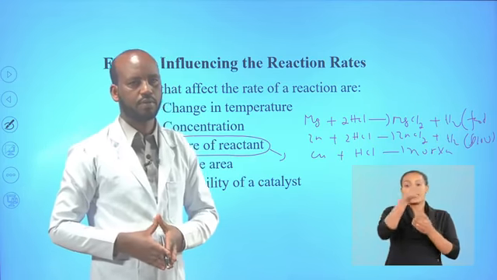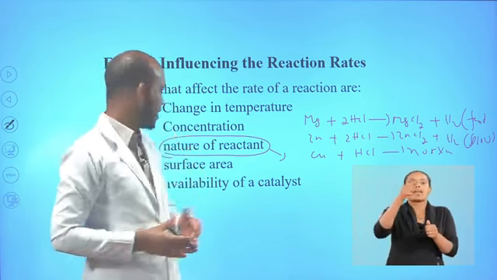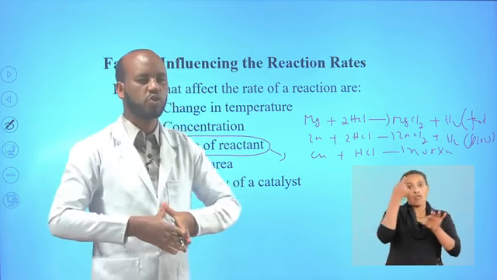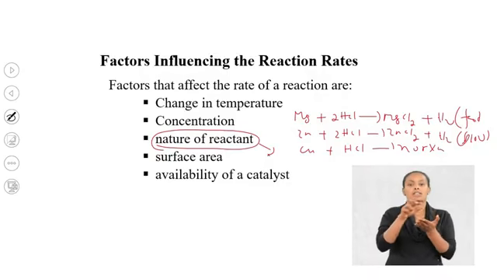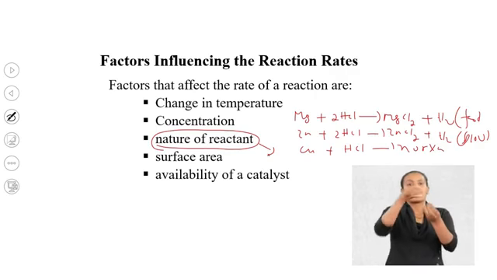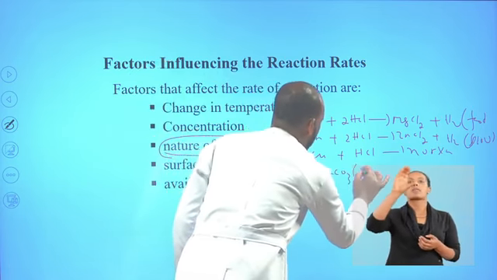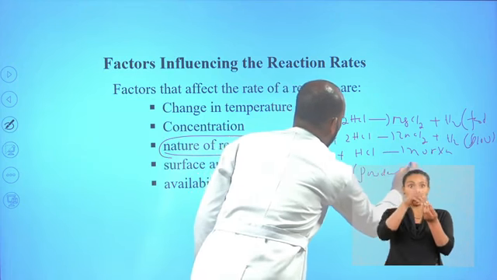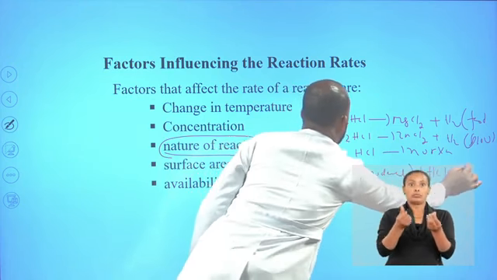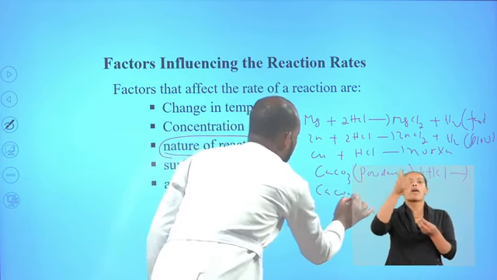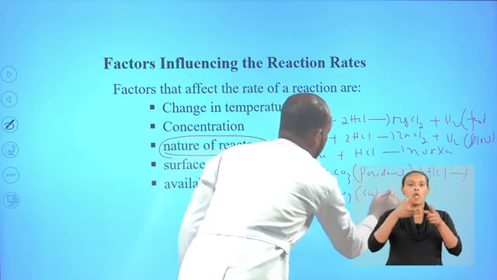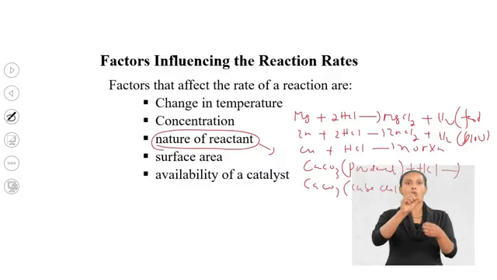Surface area or state of subdivision. This is important for heterogeneous reactions. In general, when surface area of reacting substance increases, rate of the reaction increases. If you take the reaction between hydrochloric acid and chalk, calcium carbonate: this is powdered chalk plus hydrochloric acid, and this is cube chalk plus hydrochloric acid.